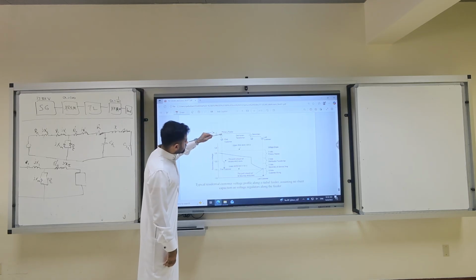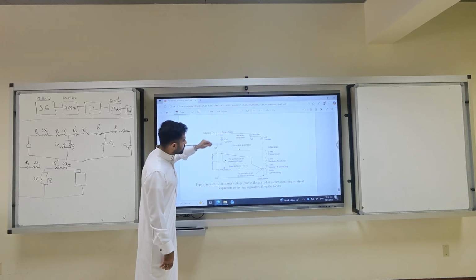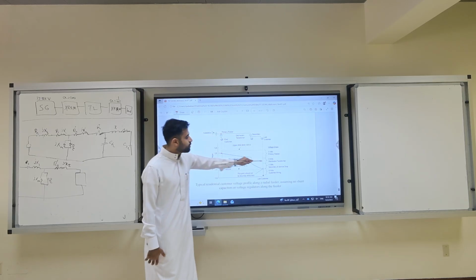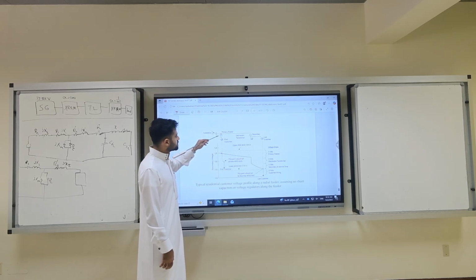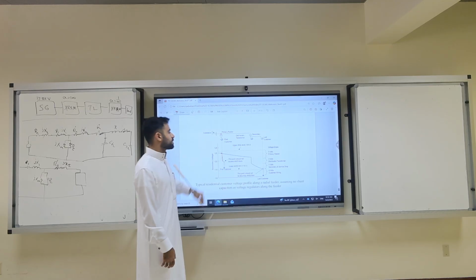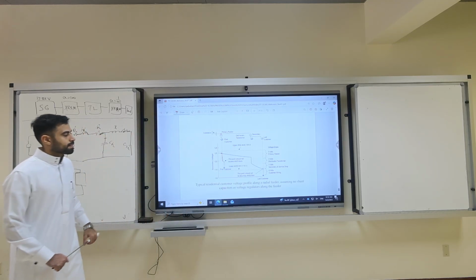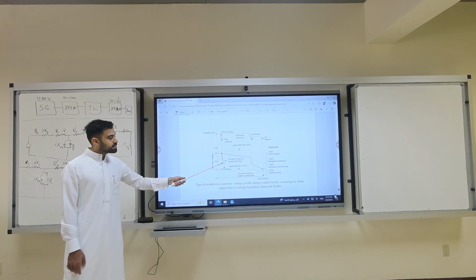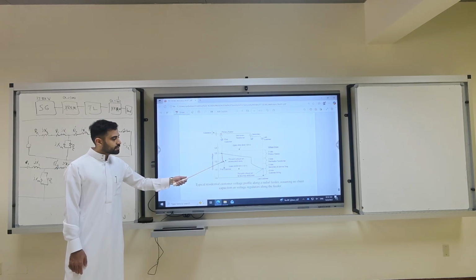Here, before the distribution transformer, we have this voltage. Add 3 volts for the distribution transformer. This is the distribution transformer. Add 3 volts. Be here. The first customer is okay.